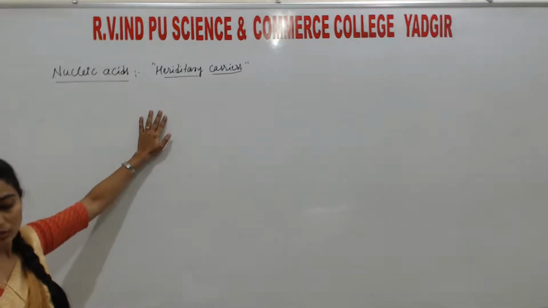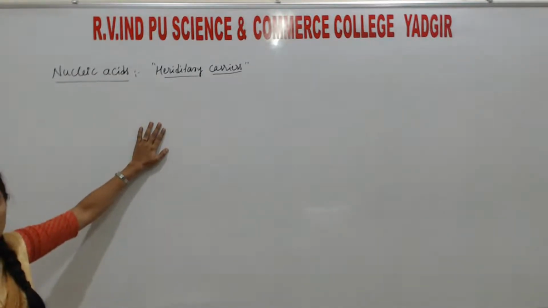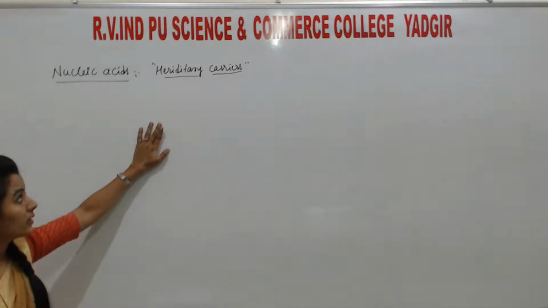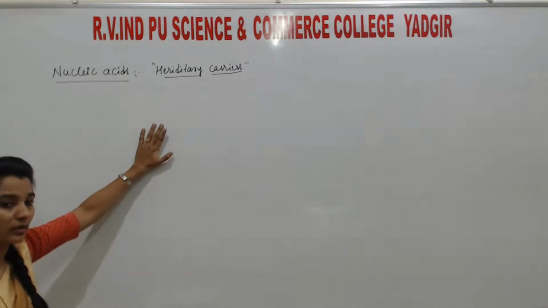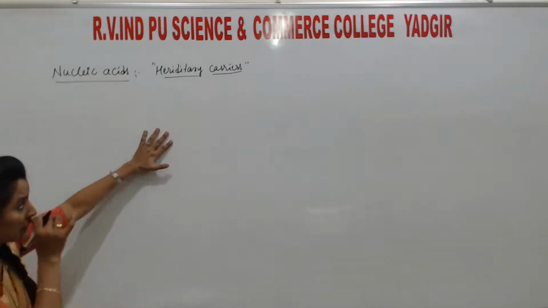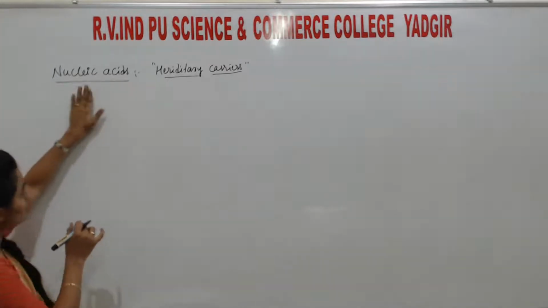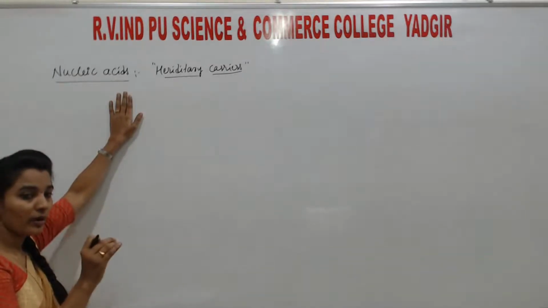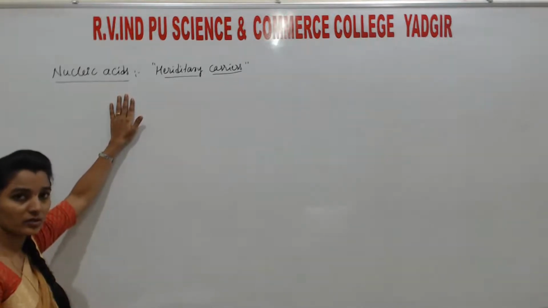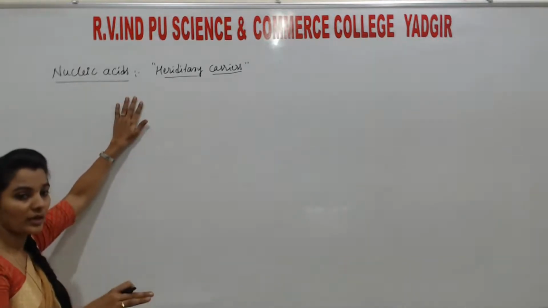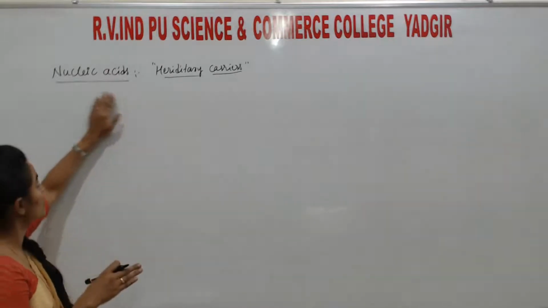Okay, so what do those nucleic acids consist of? So listen. These consist of a sugar moiety bonded to a base, that is nitrogen bases, and as well as phosphoric acid. So that together is called what?